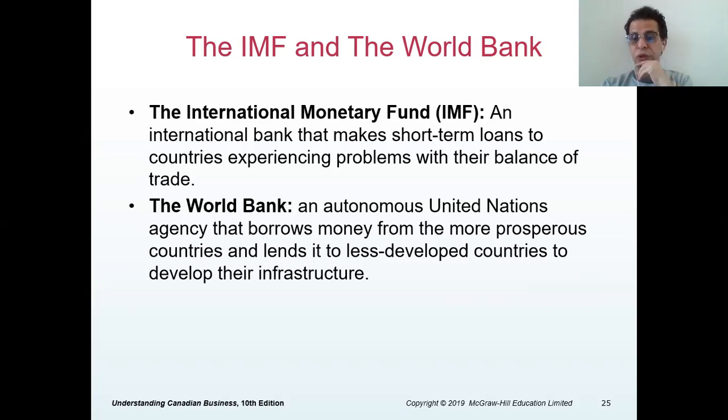And there are lots of political instabilities also. And then you have the World Bank, which is an autonomous United Nations agency that borrows money from more prosperous countries and lends it to less developed countries to develop their infrastructures. China is doing its own separate thing, for the Silk Road, for example.